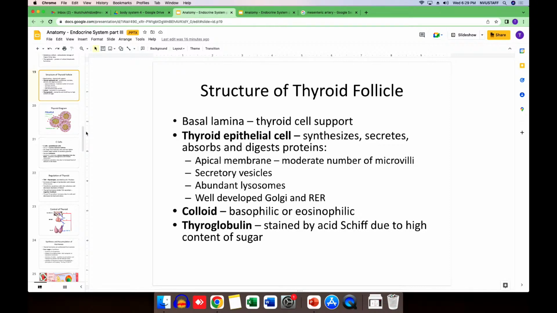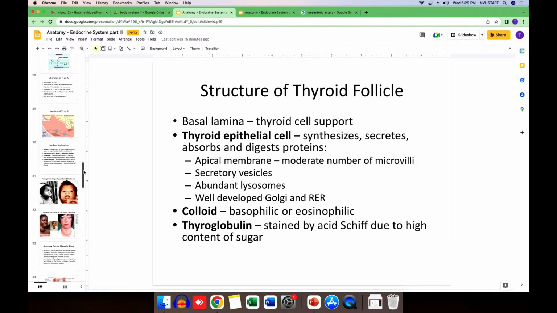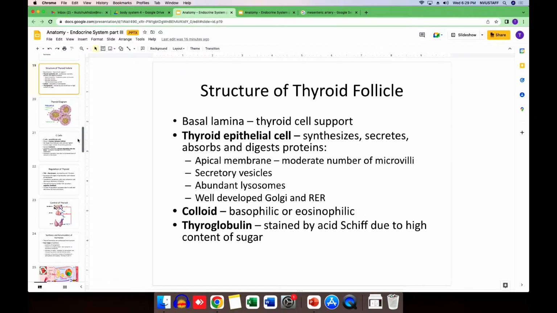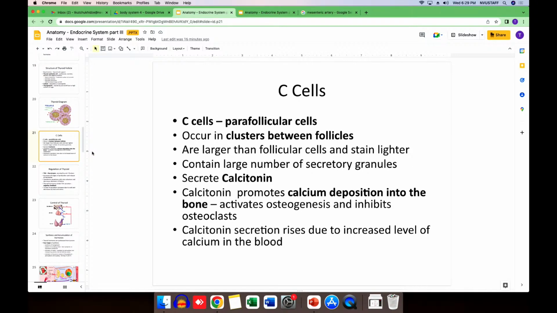And I will say one more thing about the C cells, which is important for us. In the beginning, I mentioned that we have C cells, right? They produce calcitonin. C cells are parafollicular cells, which are also in the thyroid gland, and they are located clustered, and they give us calcitonin, and calcitonin takes part in calcium metabolism, mostly for osteogenesis, and it inhibits osteoclasts.